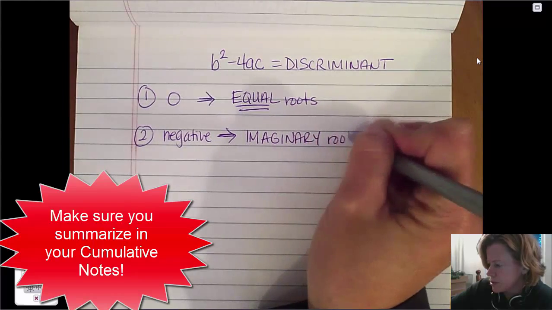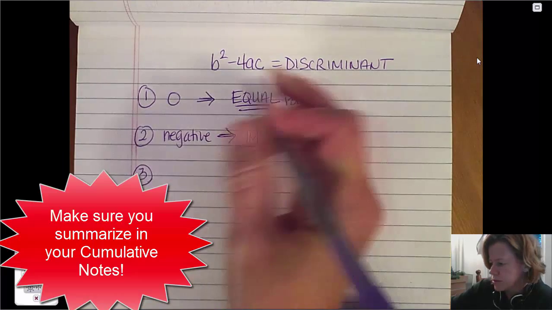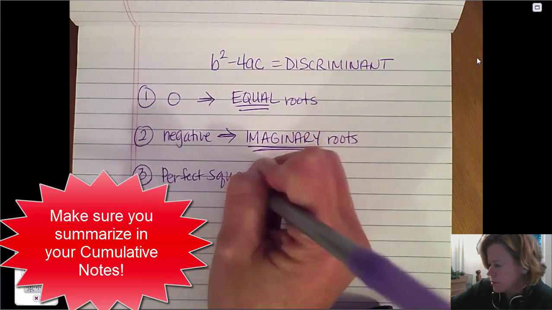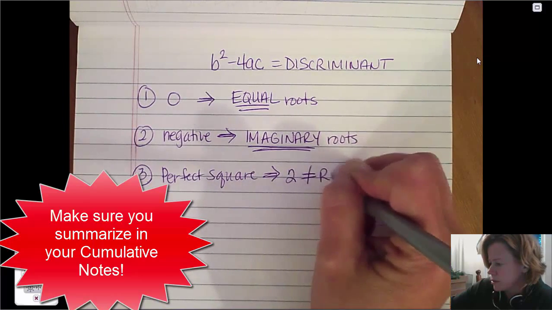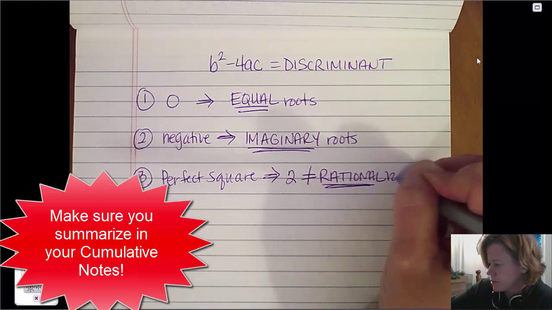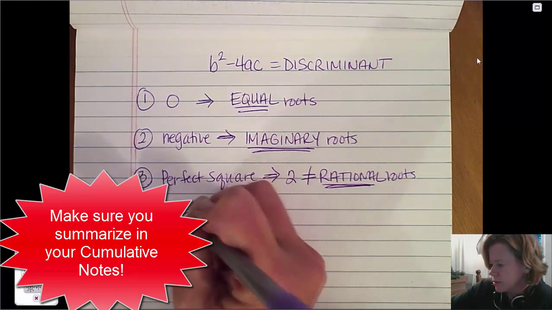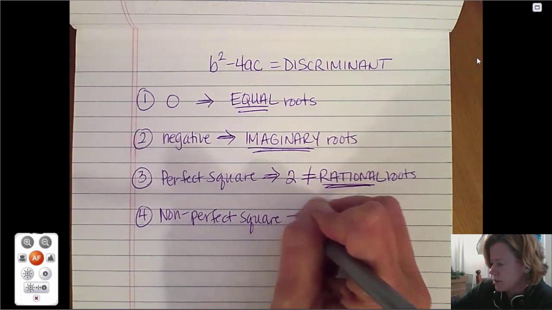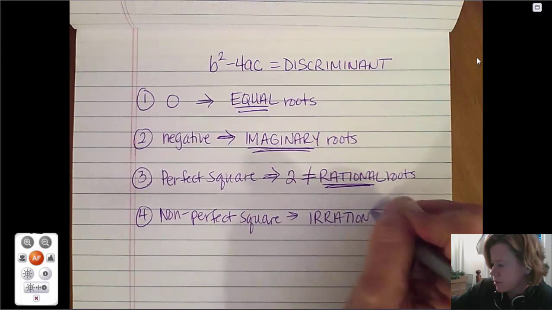A negative discriminant yields imaginary roots. If my discriminant is a perfect square, I have 2 unequal rational roots. And finally, if my discriminant is a non-perfect square, I have 2 unequal irrational roots.